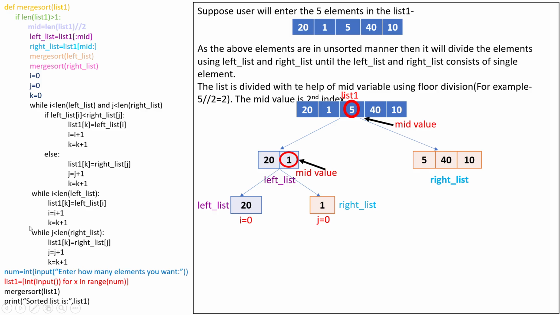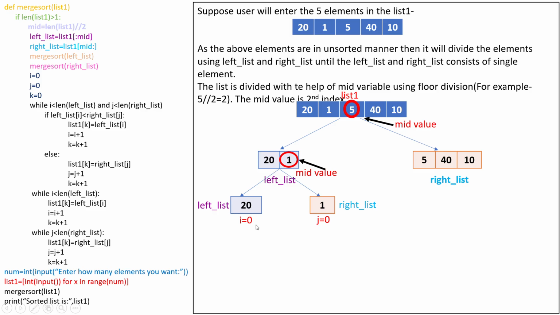Now this while loop is used when either of the elements in the left list or the right list are remaining after sorting. Now this right list element already went to the kth position, at the 0th position of the merge sort list, that is K is equal to 0. Now what about this left list? This left list has the element 20, but it is left over.